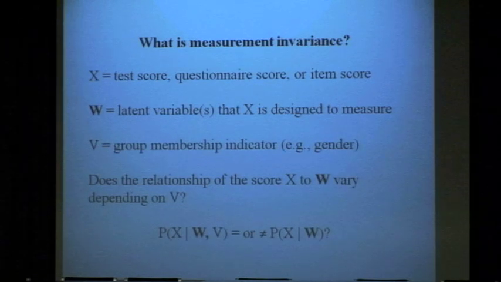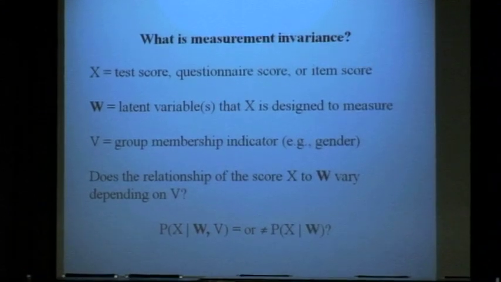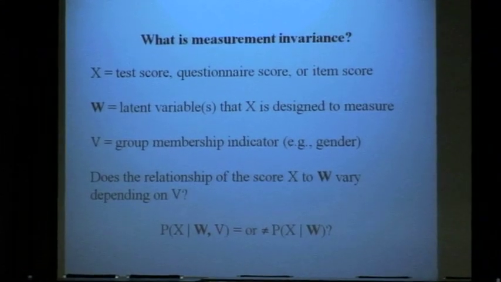And the question of measurement invariance is, let's say we knew someone's status on W, and we look at the probability of them giving any particular response to a question or getting any particular response on a test, given their status on what we intend to measure. Do we need to worry about what group they belong to or not?